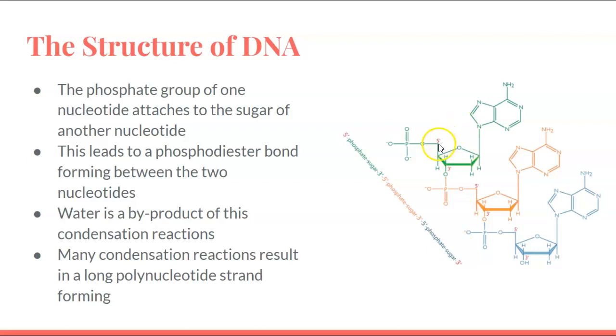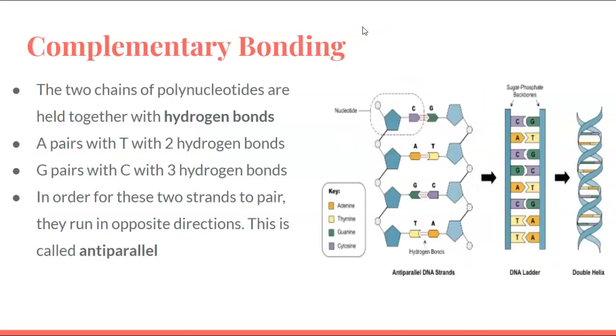So when these connect, it's 5' to 3', and then 5' to 3', 5' to 3'. So as we are going down, we would be able to read these nucleotides in the proper order. And when I say proper order, I mean whether they're cytosine, adenine, guanine, thymine, whatever that nitrogenous base is.